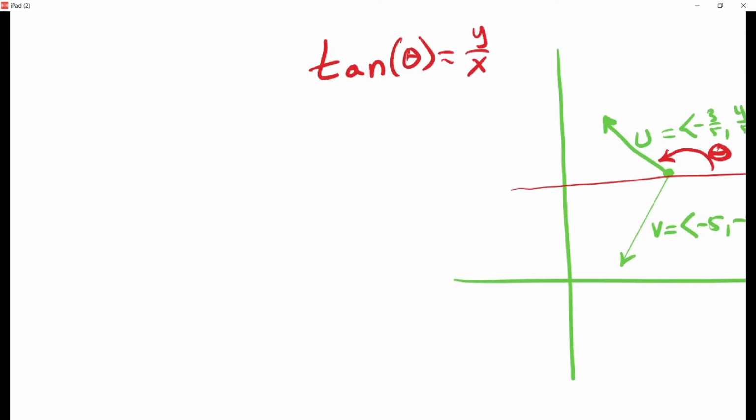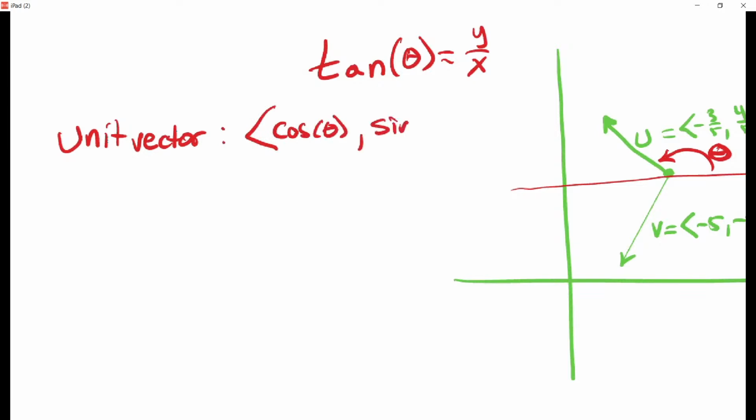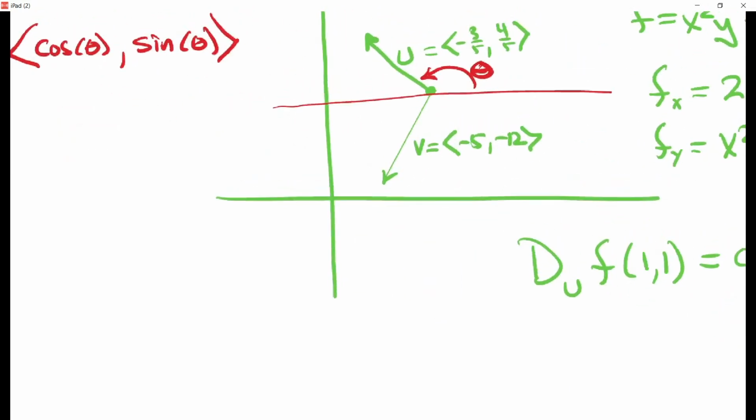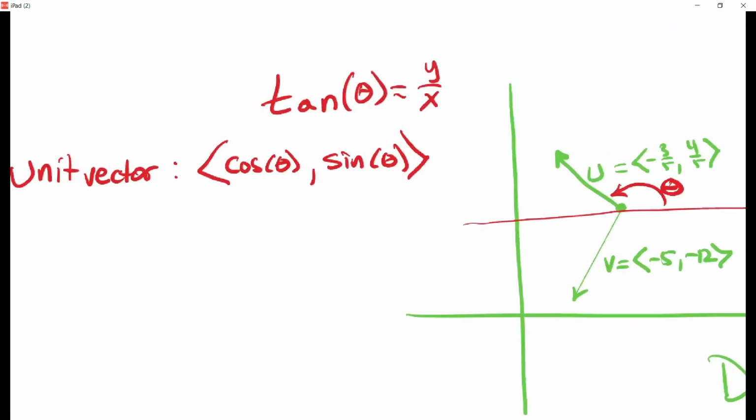Another thing we can do is if you have a unit vector, then that unit vector will be the cosine and the sine of the angle. And then we don't even have to have the angle. We just will have the cosine and sine. So if you're given a vector like v or u like these, then use the unit vector method to find cosine and sine.